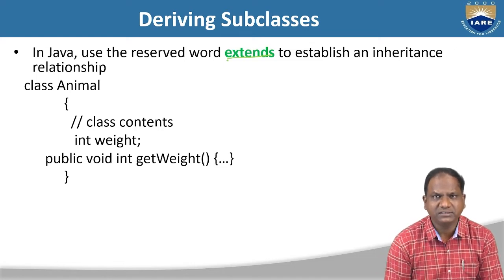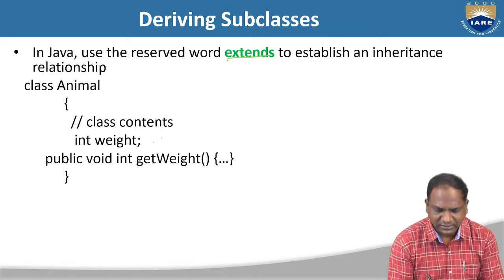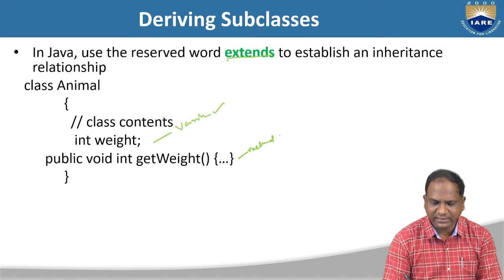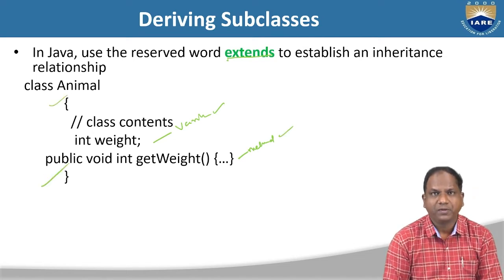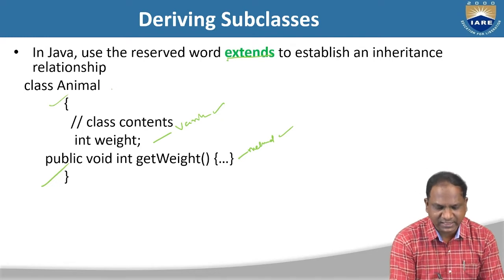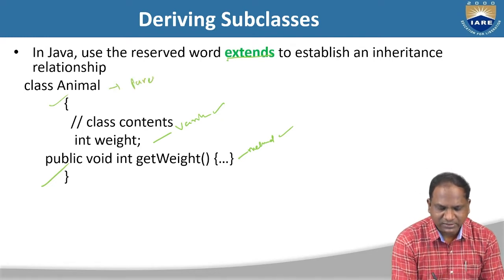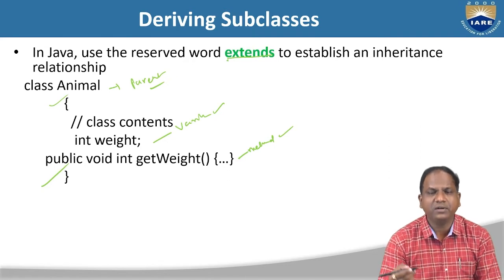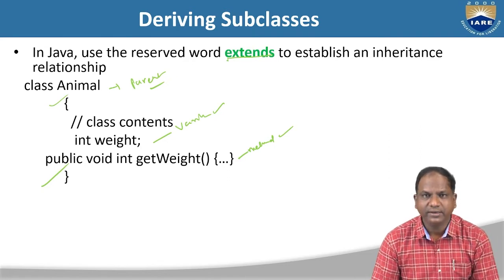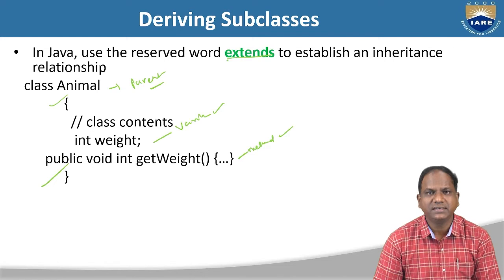Who are the members of the Animal class? This is a variable, and this one is a method. Now with an existing class, which in our example is the parent class, I am going to create a new class called a child class.